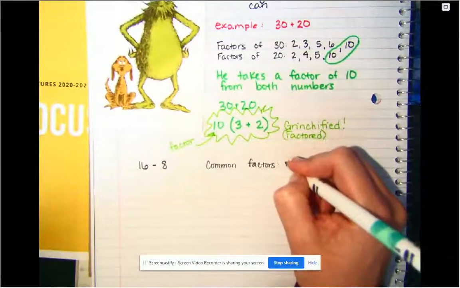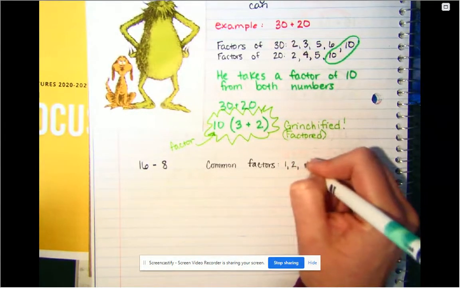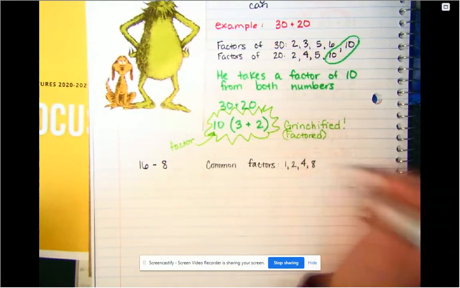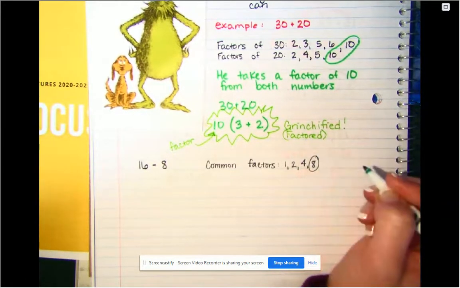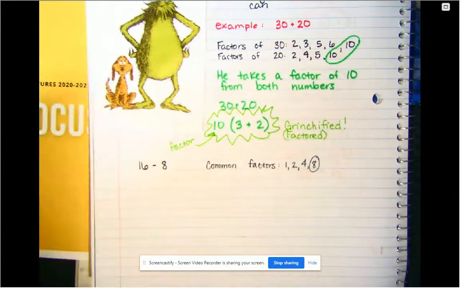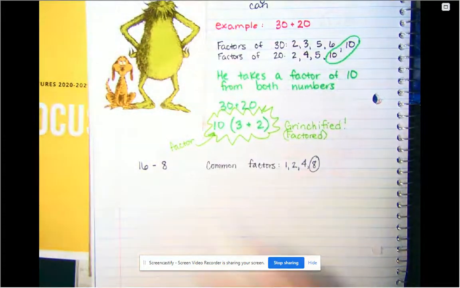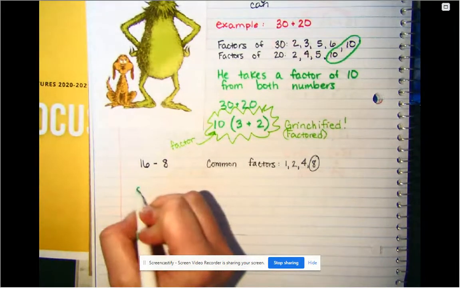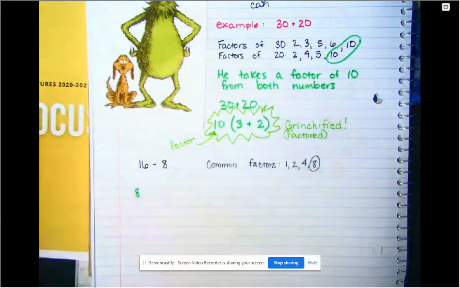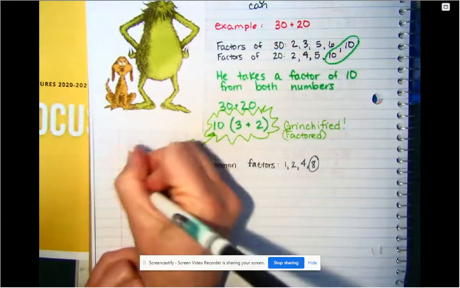Common factors are 1, 2, 4, 8. Okay, greatest common factor is 8. So that is what the Grinch is going to take. Now, remember that we are dividing out the factor. When I say pulling it out, we're pulling it out by dividing.